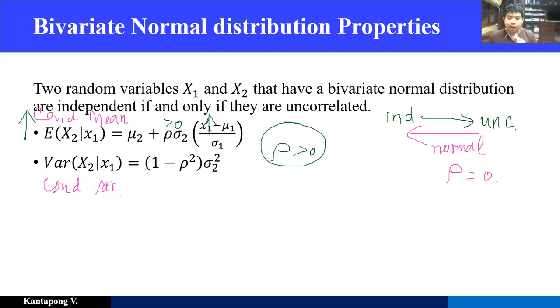And if rho is very high, that means this one is very low, the whole term very low. That means predicting one variable using another variable, where the relationship is tightly close together, reduces the conditional variance too. That means your forecast will be more precise.